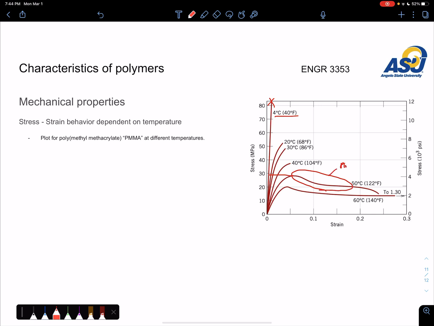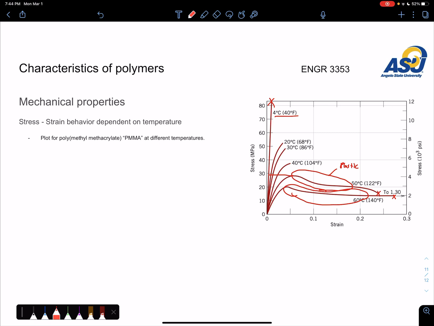So here it's a bit plastic, and then it eventually reaches its ultimate stress. And then here at 60 degrees Celsius, the very bottom plot, you can see how it also starts to reach a plastic region. But at this warmer temperature, its ultimate stress is larger than that at 50 degrees Celsius.